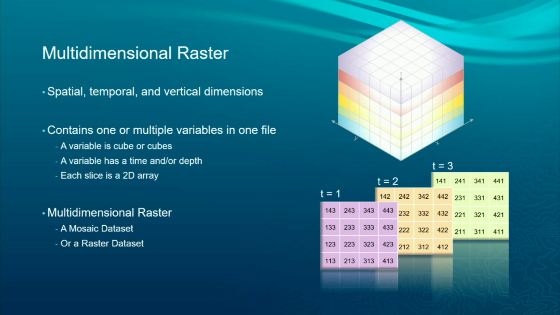So you have a time dimension. You have X and Y and time. It's a multidimensional raster. You look at something that changes with altitude. That's a multidimensional raster. Something changed with depth in the ocean, multidimensional raster. So if you have X and Y and then you have another dimension, that's a multidimensional raster.